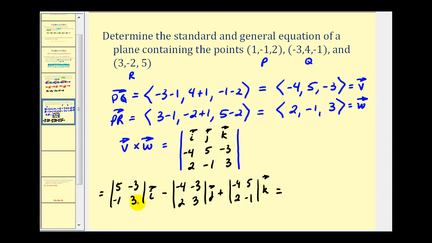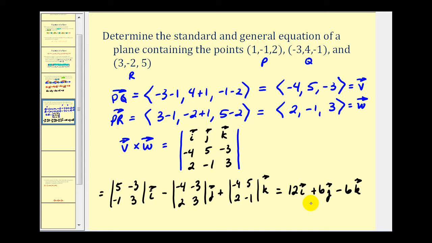So we're going to have 15 minus 3, that'll be 12i, minus, it's going to be -12 minus -6, or -12 plus 6, that'll be -6, minus -6 will be +6j, plus, here we're going to have 4 minus 10, that's going to be -6, so we'll change this to -6k.